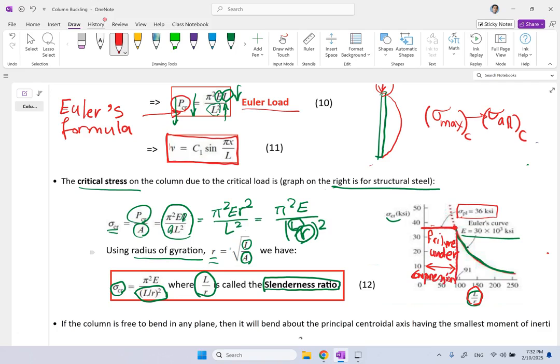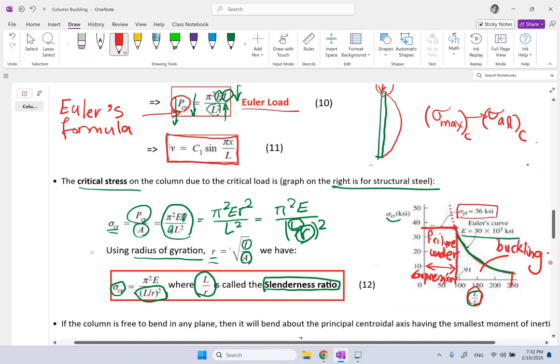This region here on the right is the buckling region. So the Euler curve only goes to the intersection of the maximum allowable compression load of that material and wherever this quadratic curve is intersecting it. Only this region is buckling. The region on the left is failure under compression. So this is very important. When you're looking at columns, you have to make sure none of these failures is happening.